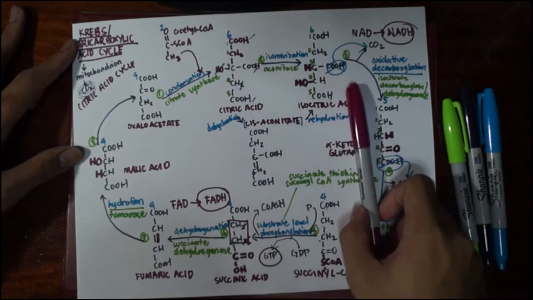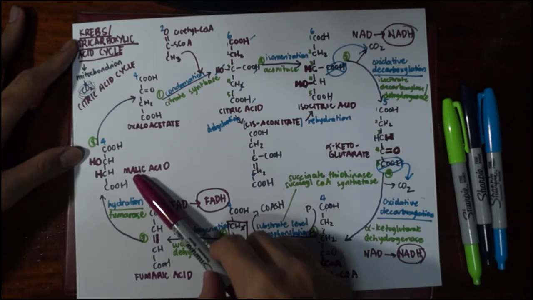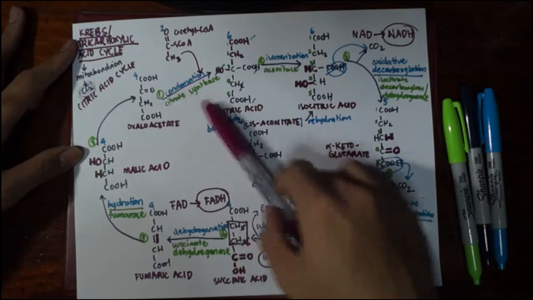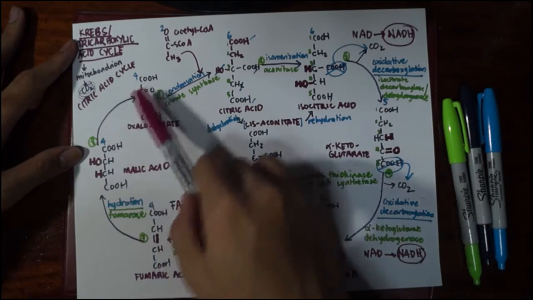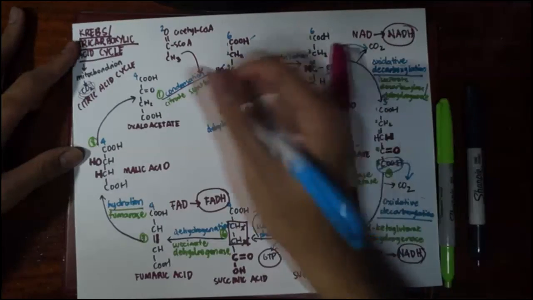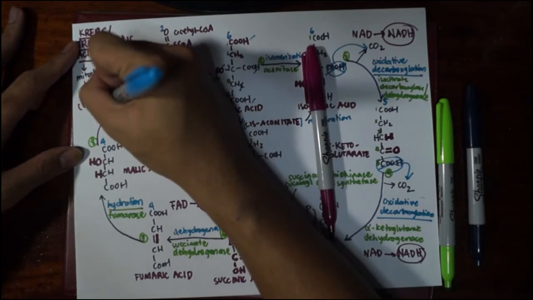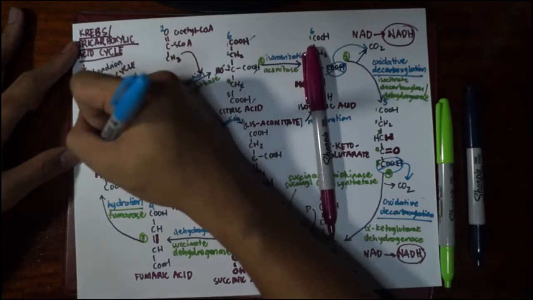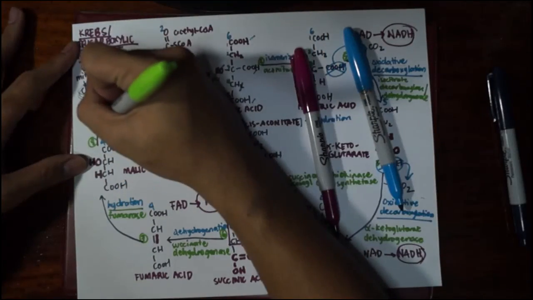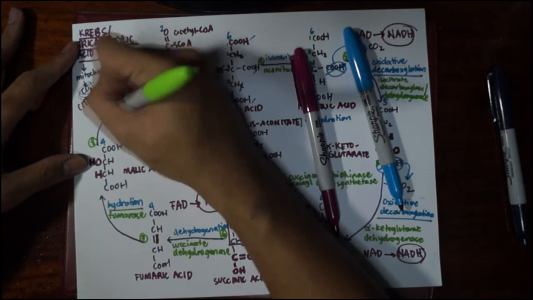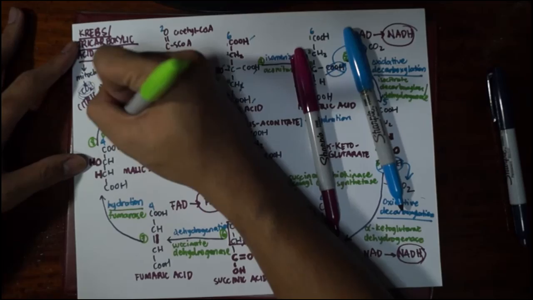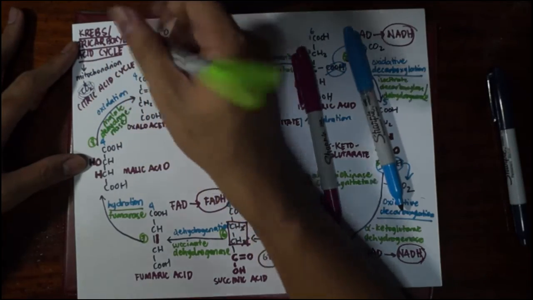Okay, and finally, we have malic acid, and what happened to malic acid for it to become oxaloacetate? The OH became a double bond O, so there was oxidation in the hydroxyl group, and the enzyme responsible for that is known as malate dehydrogenase, which is almost similar to malate oxidase.